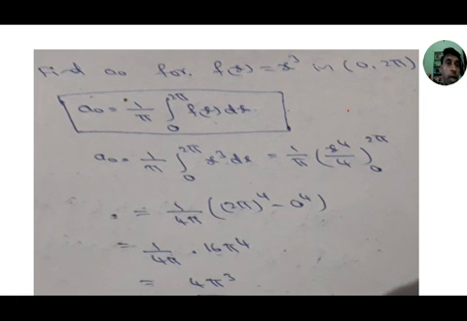And Euler's formulae: a naught equal to 1 by pi integration limits c to c plus 2 pi f of x dx. A n equal to 1 by pi integration c to c plus 2 pi f of x into cos nx dx. Bn equal to 1 by pi integration c to c plus 2 pi f of x into sin nx dx. These formulas are important, and Dirichlet's conditions we will discuss with the problems.